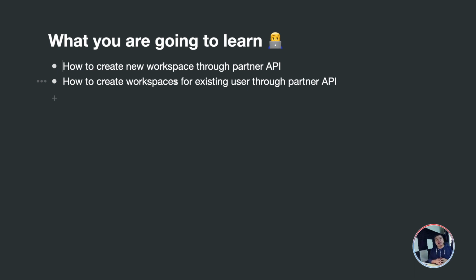Another is we recently added a new partner API endpoint that will allow you to create workspace for the existing users. Okay, so if you are an agency, you are managing different workspaces, so you already have the users, so that you can create more workspaces under the same user's account. Okay, so that's what we are going to cover today.